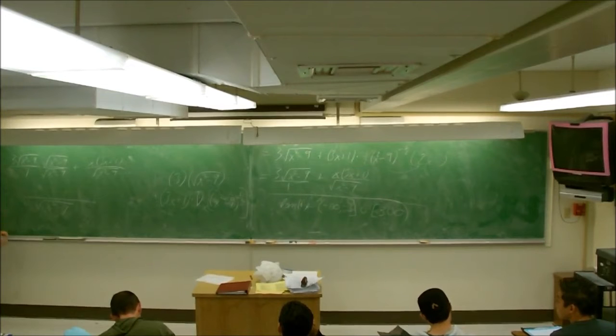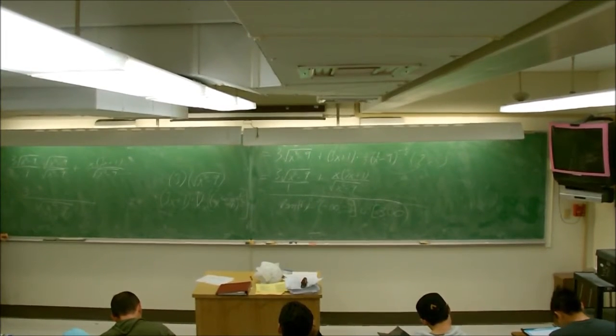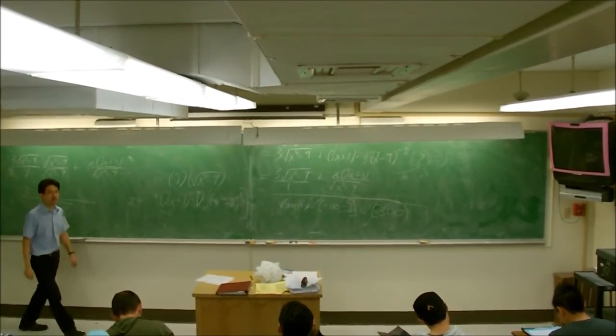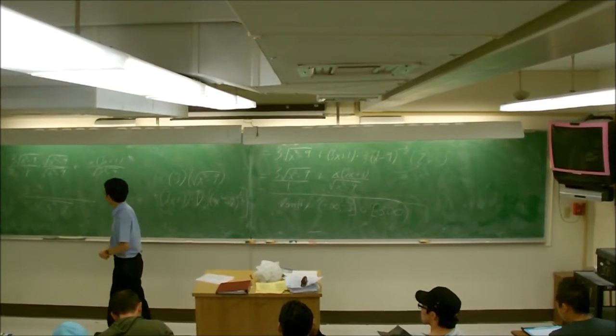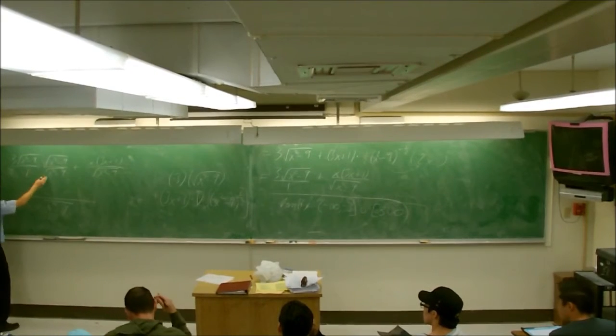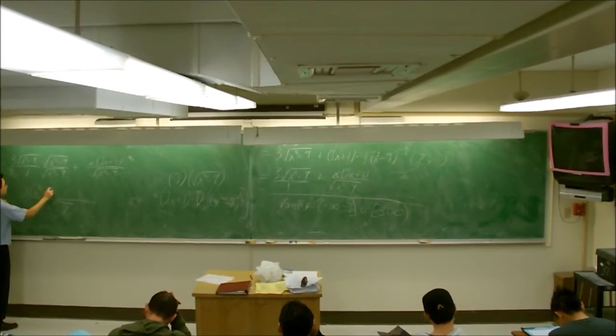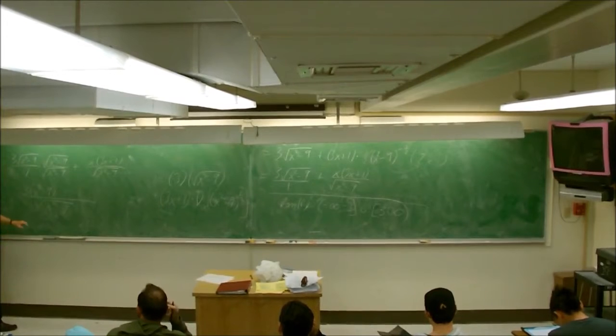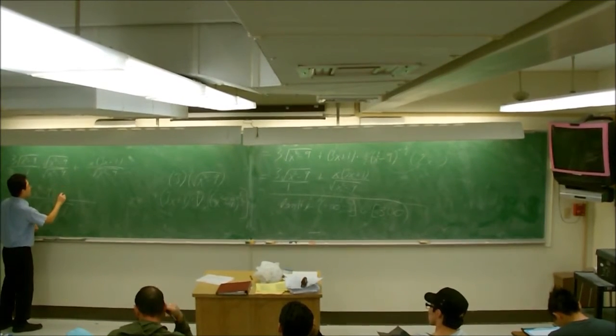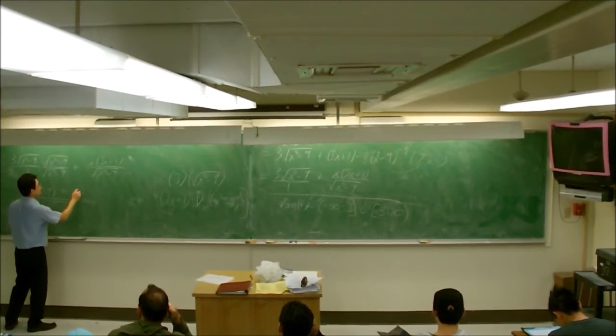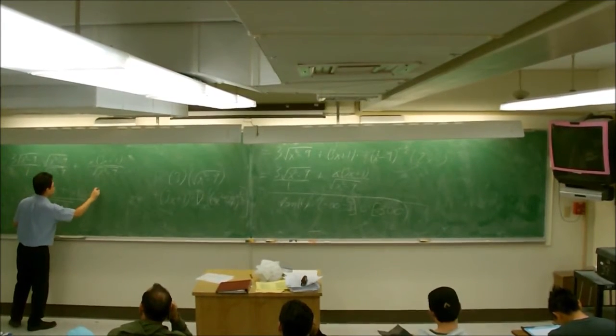On the top, what happens? We have the 3. What's root blah times root blah? It is blah. We're assuming that this guy is going to be positive, right? So x squared minus 9: 3 times the quantity x squared minus 9, plus x times the quantity 3x plus 1.